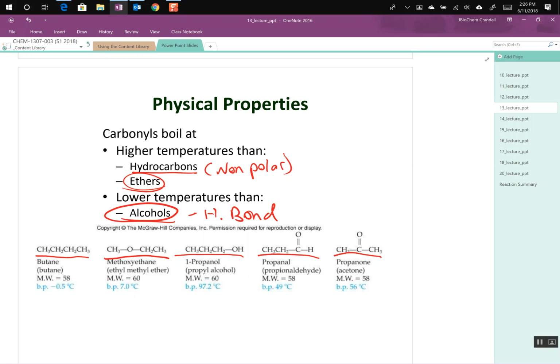Because the mass is pretty much the same, about 60. But the boiling temperatures are very, very different between the alkane versus all of these, which are polar.